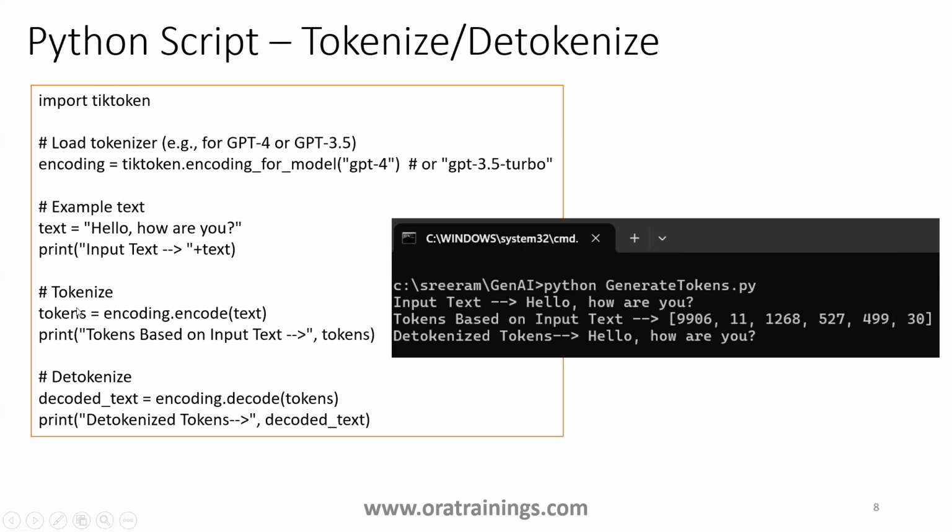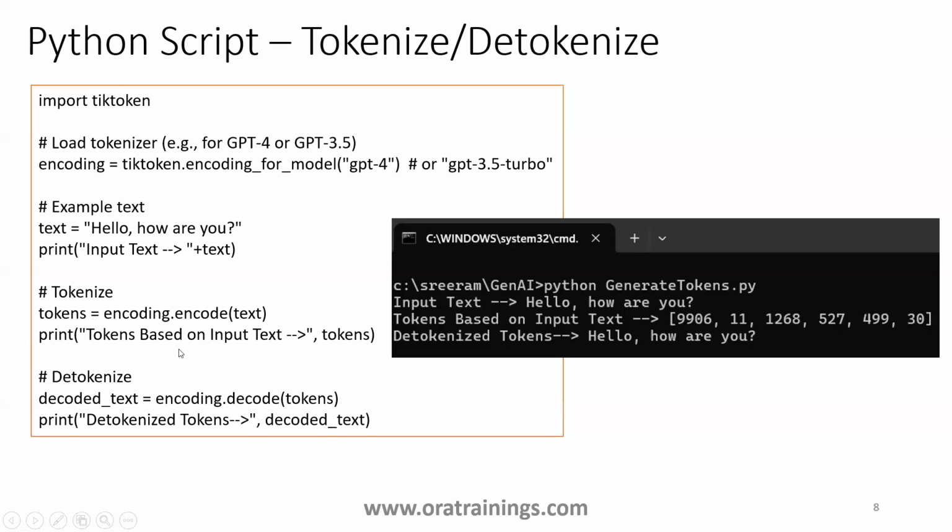First, I want to tokenize, so you can see here encoding.encode with my input. You can observe the output for the input is like this, so the input is converted into tokens. Again, when I pass these tokens to the decode function, it provided the output exactly the way I provided it as input.